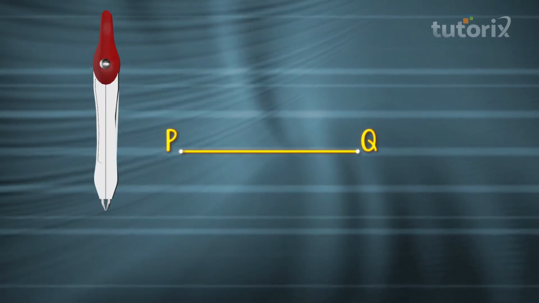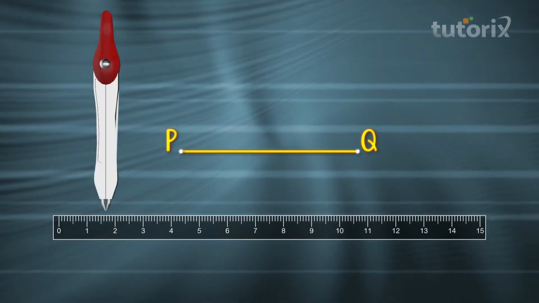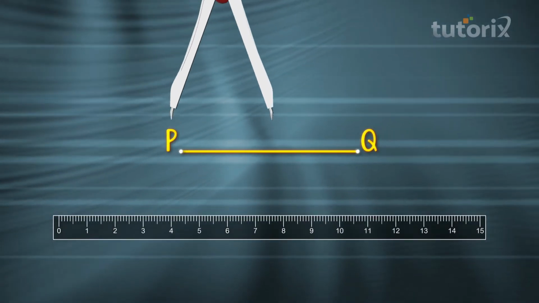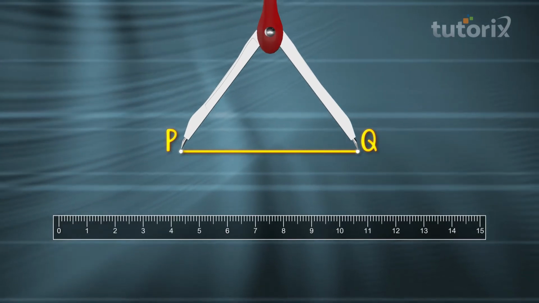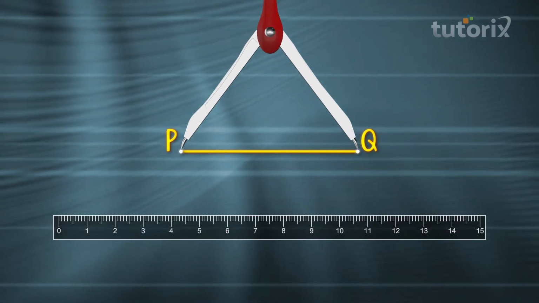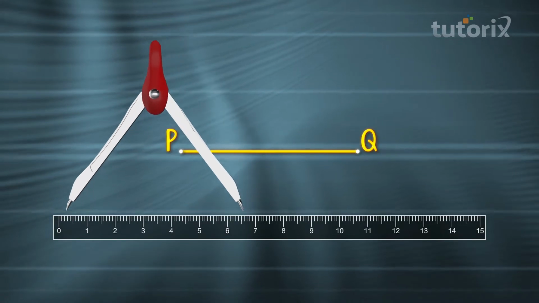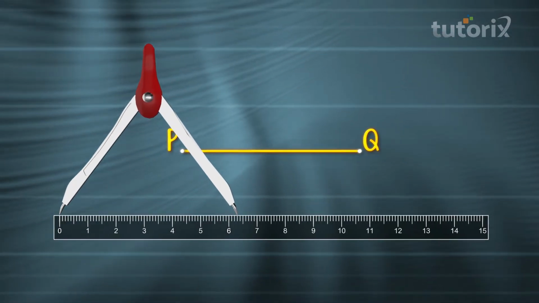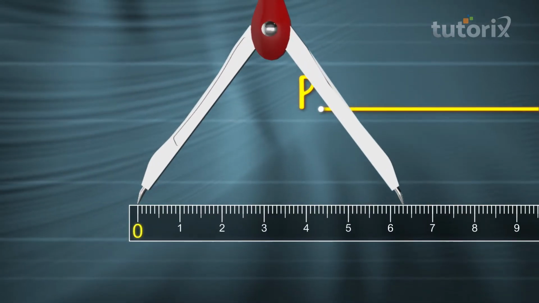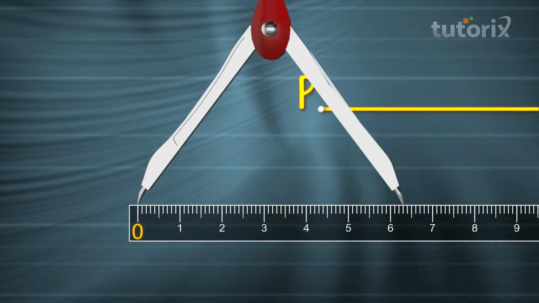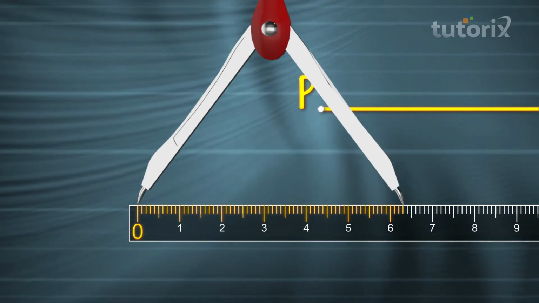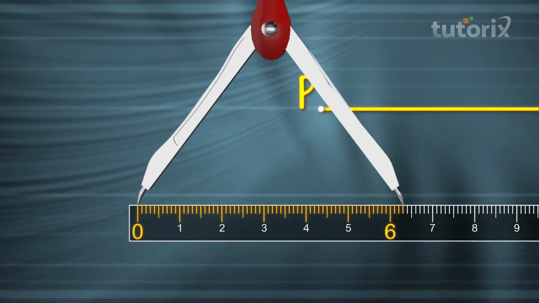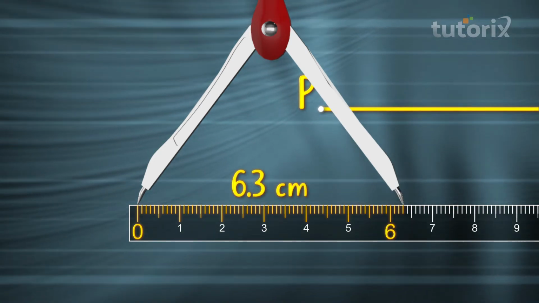While using the combination of a divider and a ruler, first we stretch the arms of the divider along PQ. Then we place it on the ruler without disturbing the arms. We place one of the arms on the 0 cm marking and then take the reading of the ruler where the other arm falls. Once again, it shows 6.3 cm.